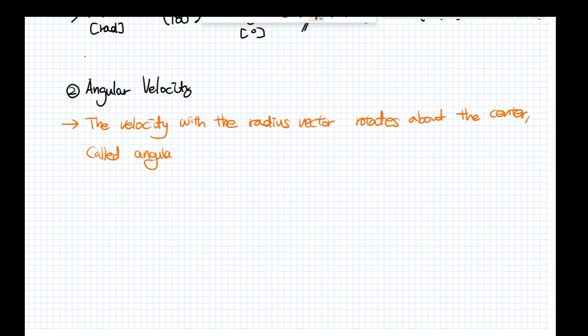Actually, it can be determined from the following formula.